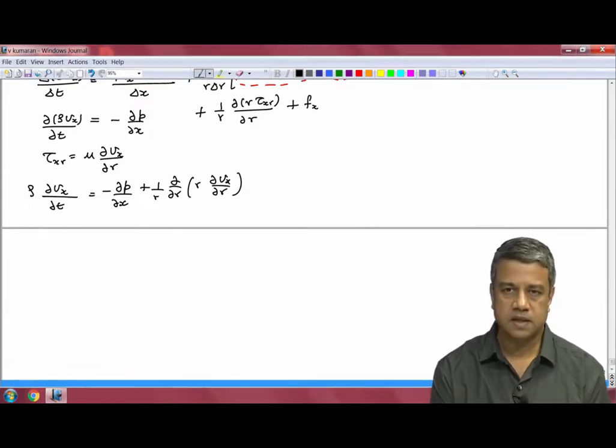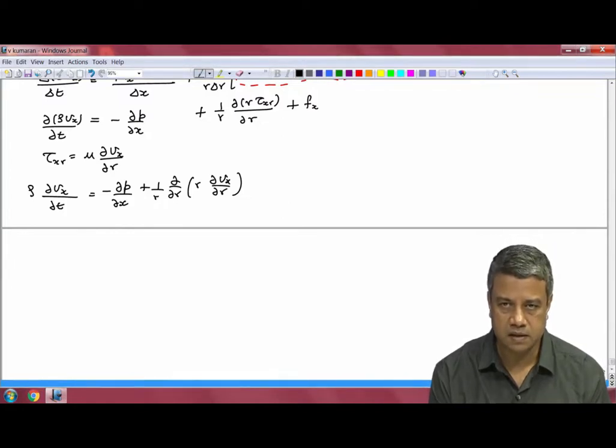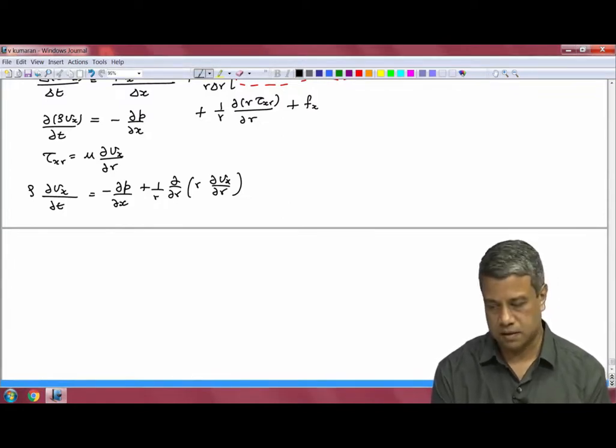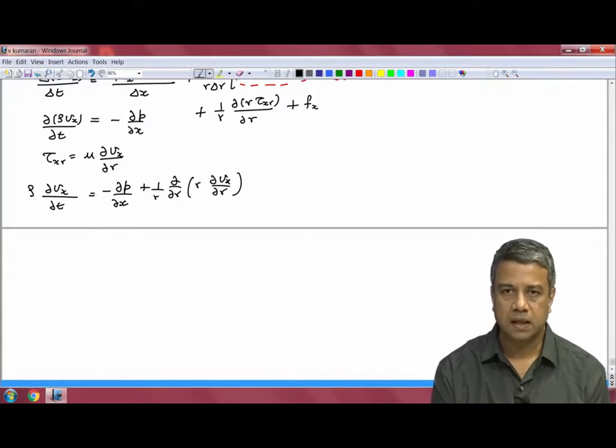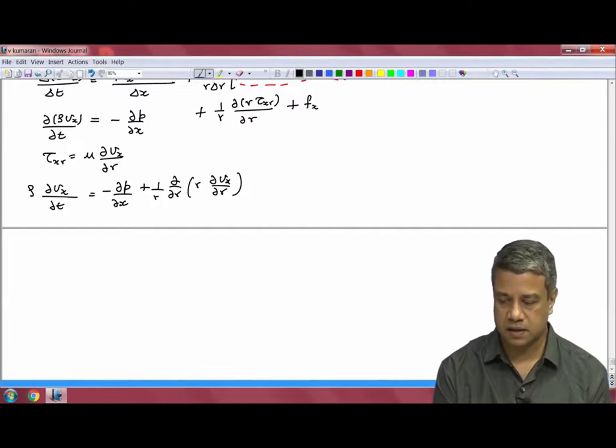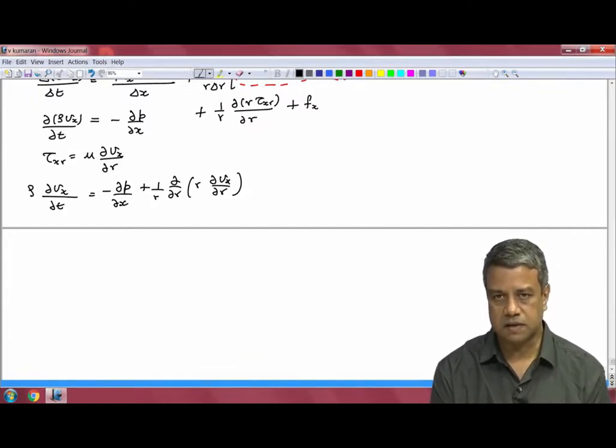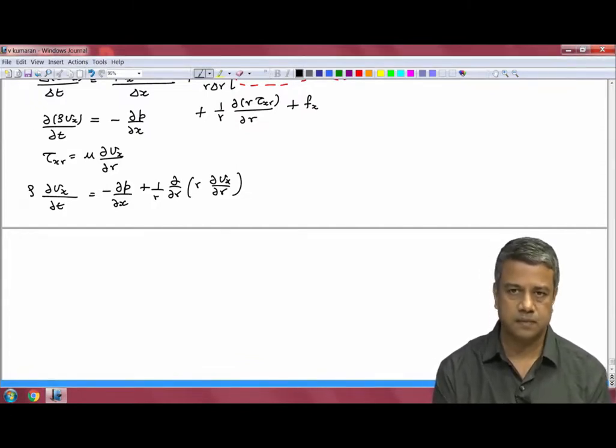Now, this gives us an expression for the variation of pressure in the x direction. If I were to write a similar momentum conservation equation for the pressure in the r direction, I would get similar terms here: the velocity in the radial direction, the variation of pressure plus a viscous term. The time derivative of the velocity will be 0 because there is no velocity in the radial direction.